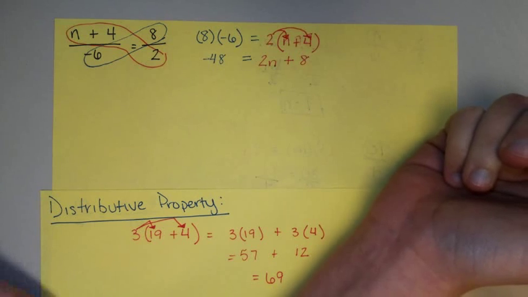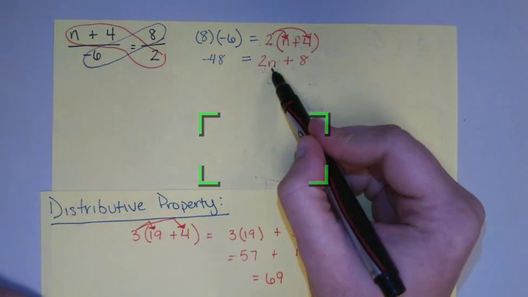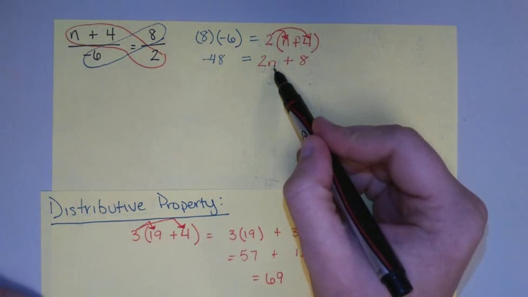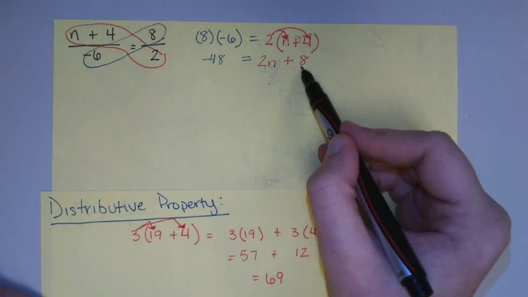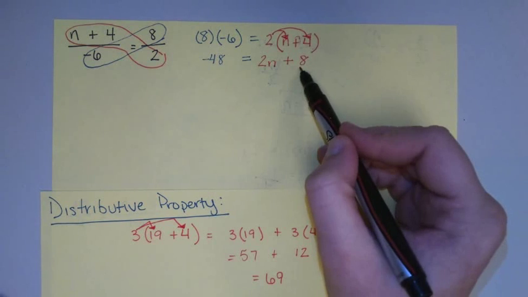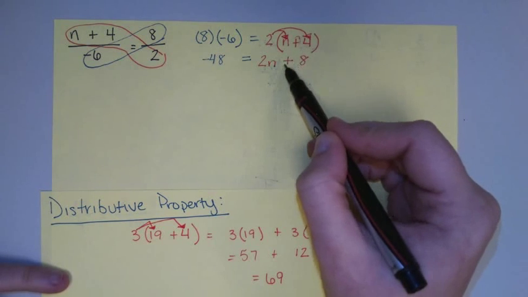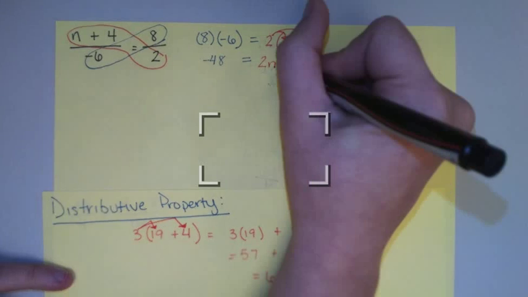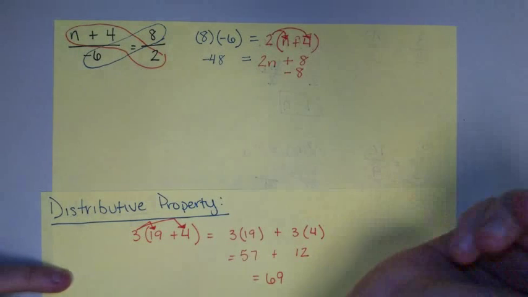So we want to get the n by itself, but we want to start with the number that is farthest away from our variable n, which would be our plus 8. So we want to cancel out our plus 8 by using the opposite of plus or positive, which is going to be minus 8. We have to do this to both sides.